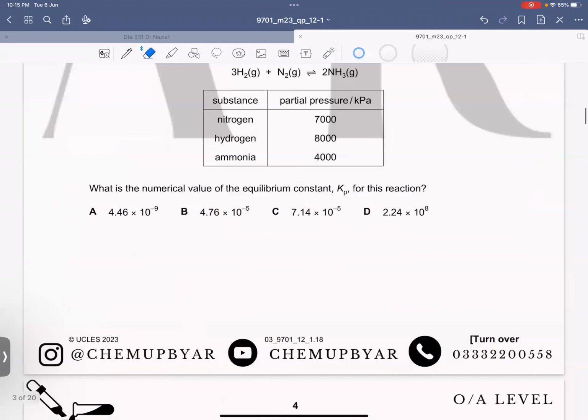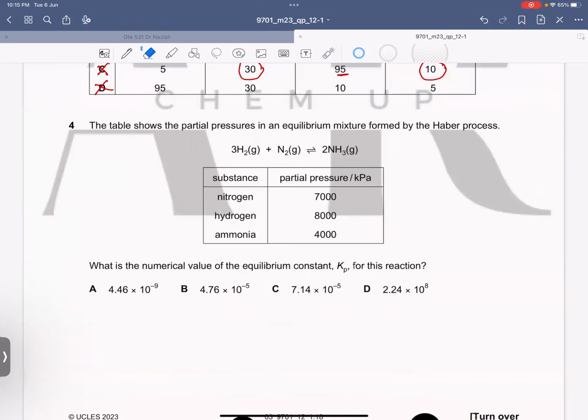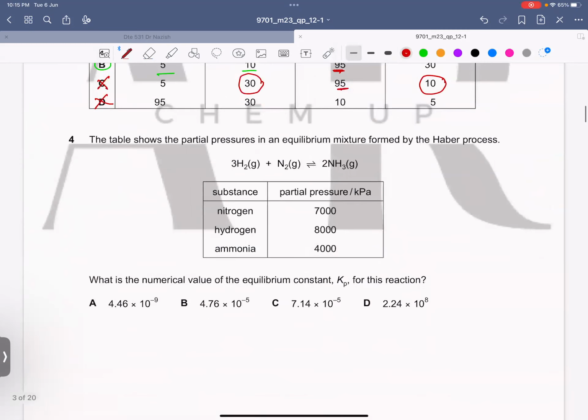Now let's move to question number 4. The table shows the partial pressures in an equilibrium mixture formed by the Haber process. Okay, they already provided you the partial pressures. What is the numerical value of the equilibrium constant Kp for this reaction? I think this is the easiest Kp.